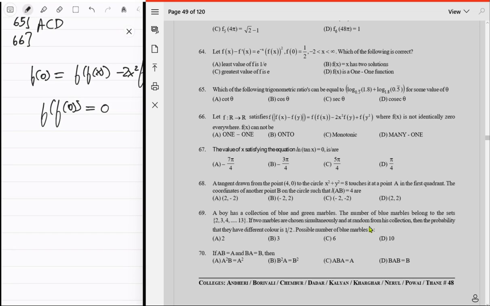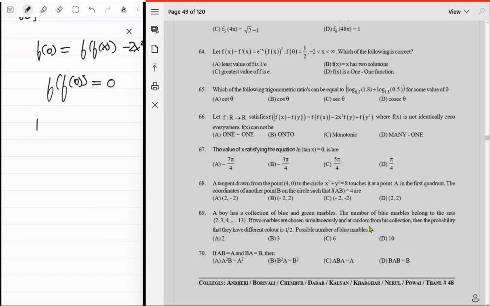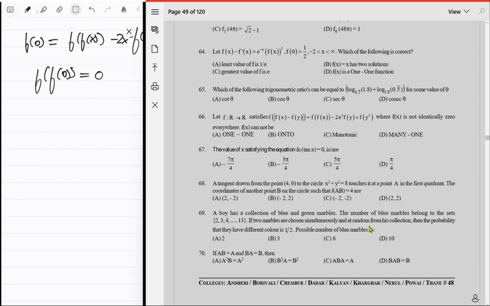Okay, interesting. What if I replace x with y, then we just get f of the same thing, because what was there before was the same anyway. What will come on your right hand side, like f of y? I'm starting to understand what is happening here. Then minus 2y square f of x plus f of x square, right?